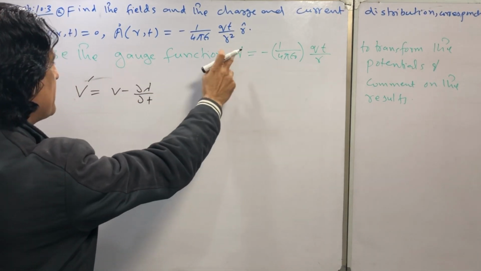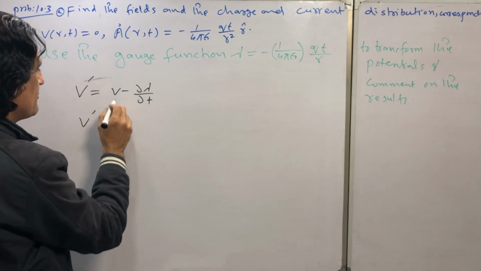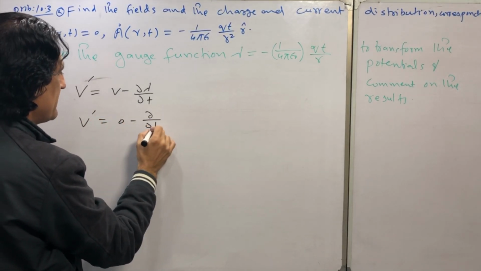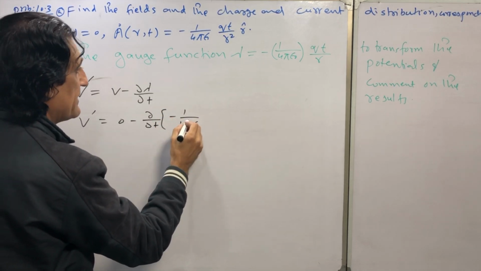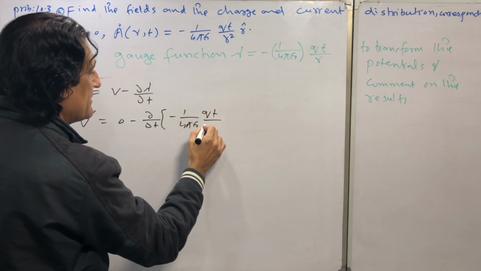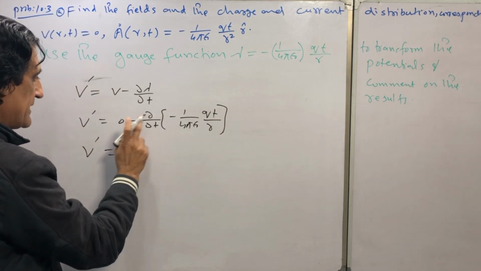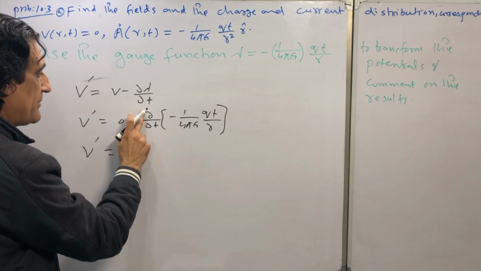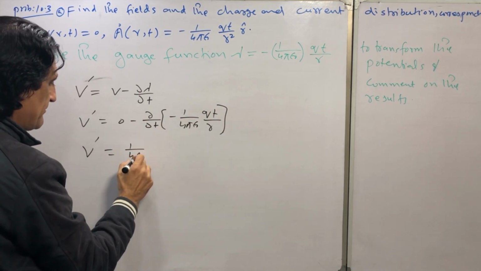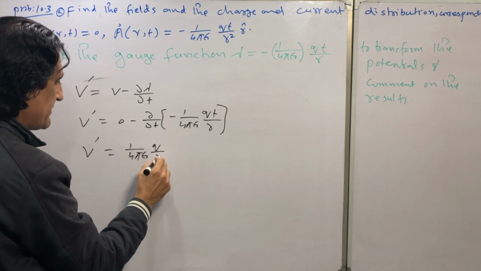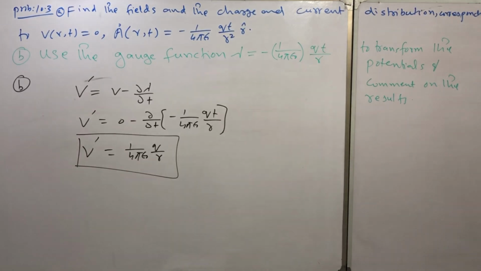Here the gauge function lambda is given, and V prime is equal to 0 minus partial by partial t of lambda, which is minus 1 over 4 pi epsilon naught q t divided by r. So V prime is equal to 1 over 4 pi epsilon naught q divided by r. So this is the potential of a point charge.